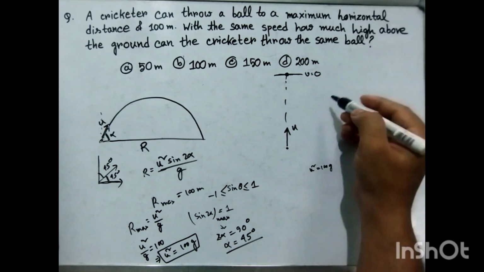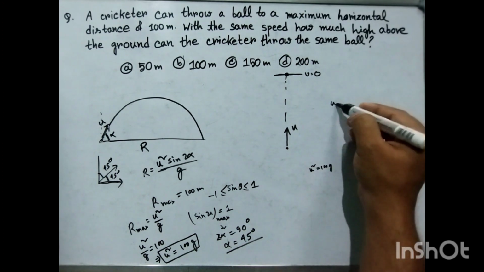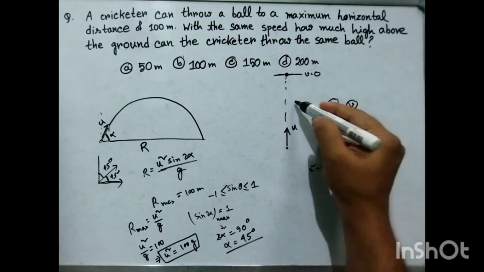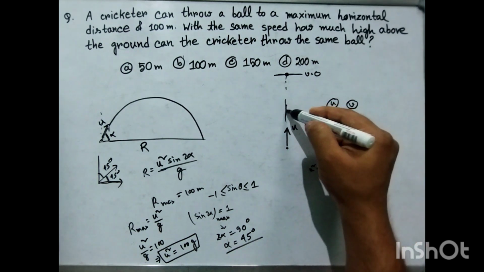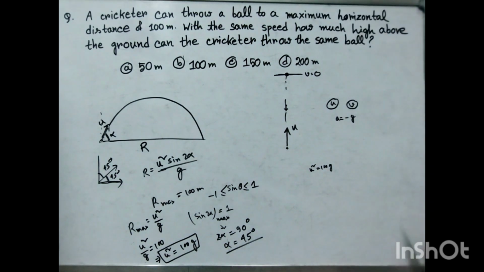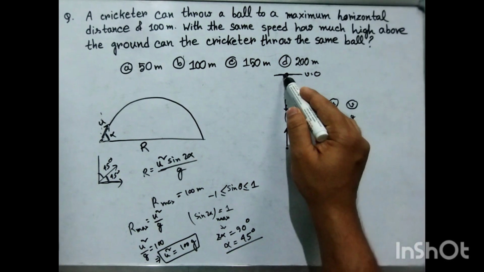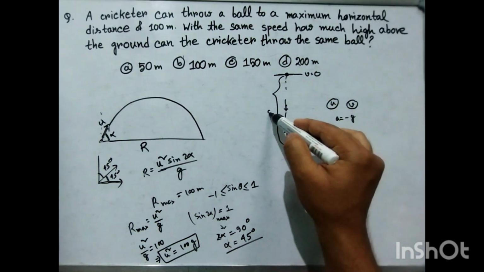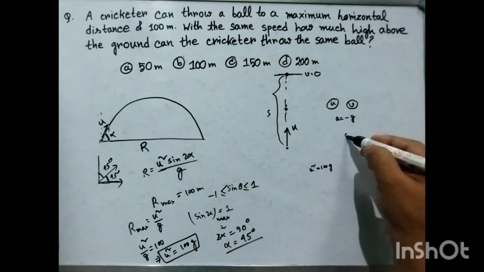So we know the value of u, we know the value of v, and we know the value of a, the acceleration, that is gravitational acceleration, a is minus g here, and we have to find the height, that is your displacement, s. So you have to find s.